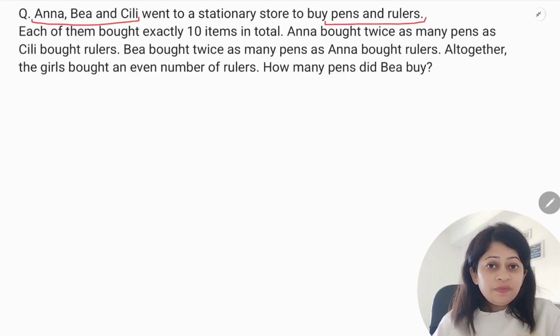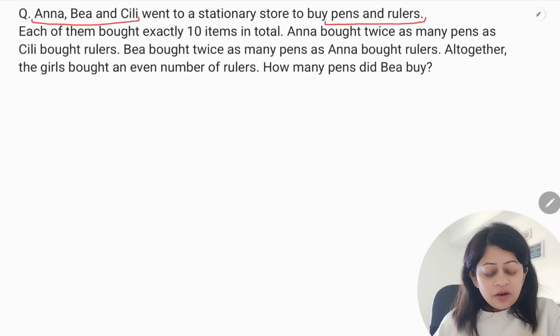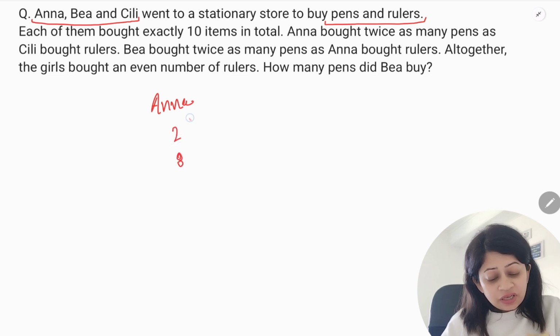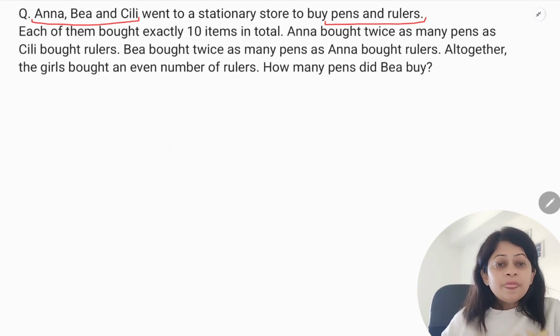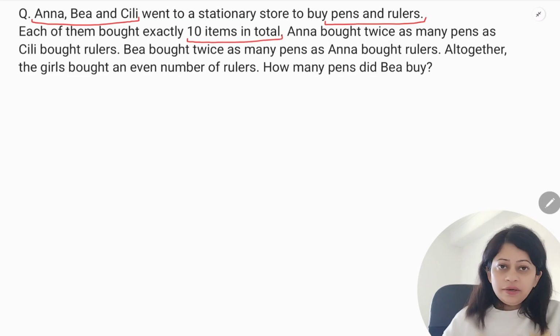So each of them is buying 10 items. Suppose, I will give you an example. Suppose Anna bought two pens, then she will buy eight rulers because the total number of items they are buying is 10. Are you getting my point? So each of them is buying exactly 10 items in total, right?